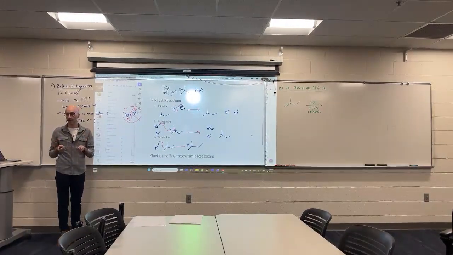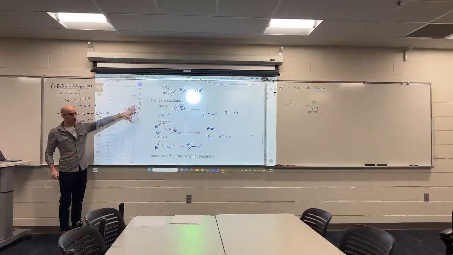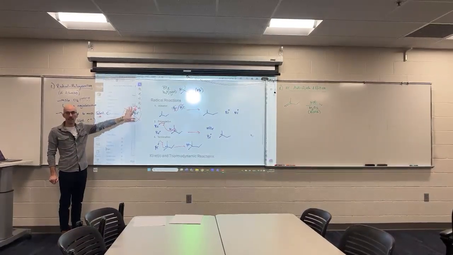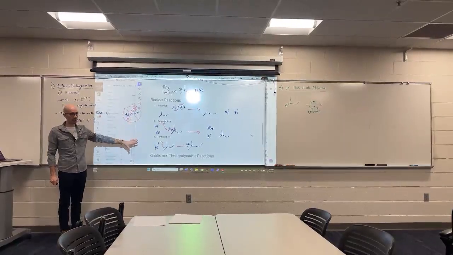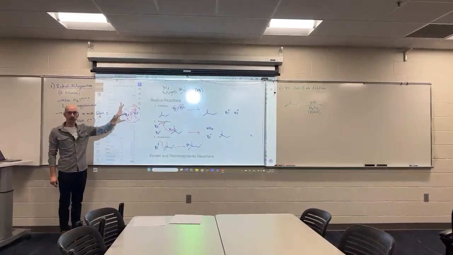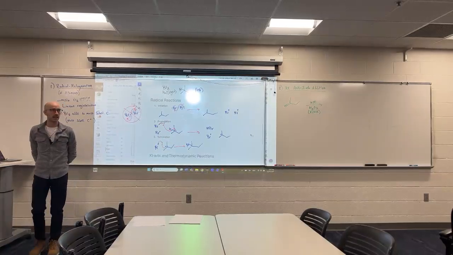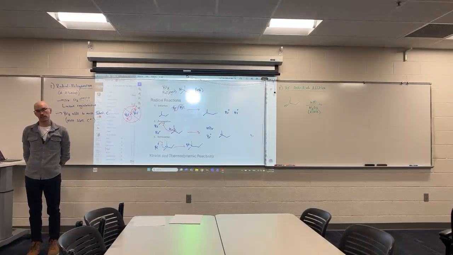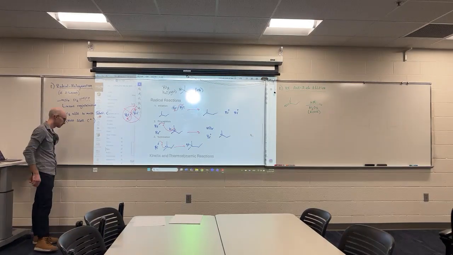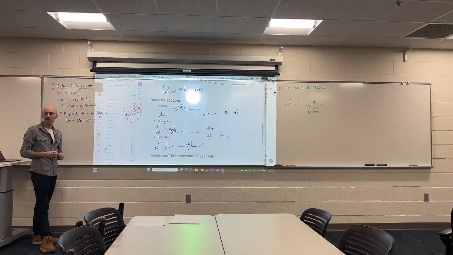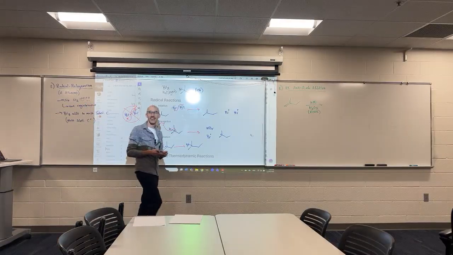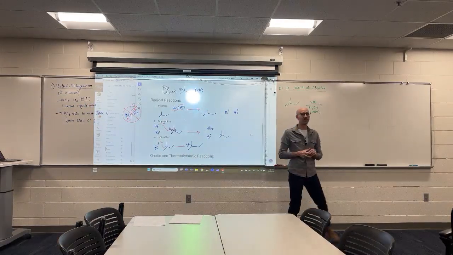This is a radical reaction. So keep in mind that radical reactions behave by initiation, propagation, and termination. Can you guess what chemical here behaves as the radical initiator? The oxygen is.